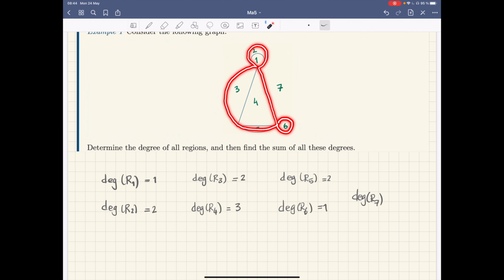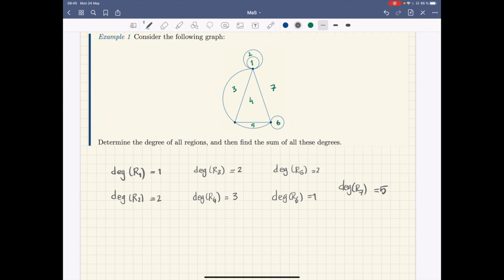This is the number of edges that we face when we are dealing with region 7. So how many was there? 1, 2, 3, 4, 5. So this is 5. As simple as that. Is there a convention for naming the region itself? No, I haven't seen any conventions.